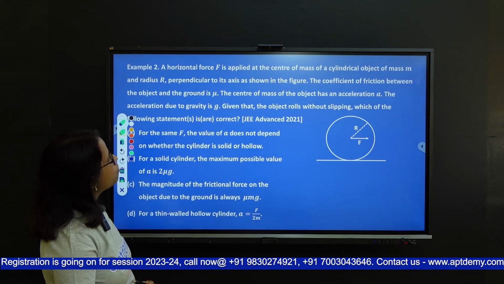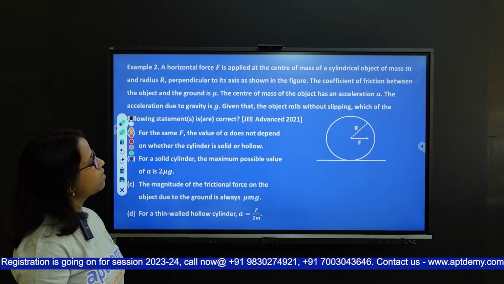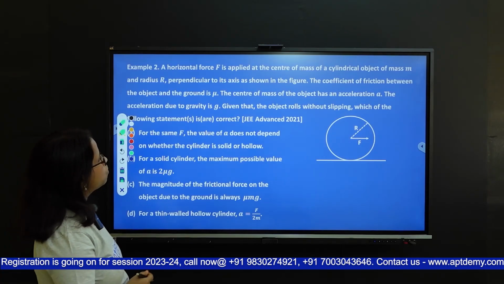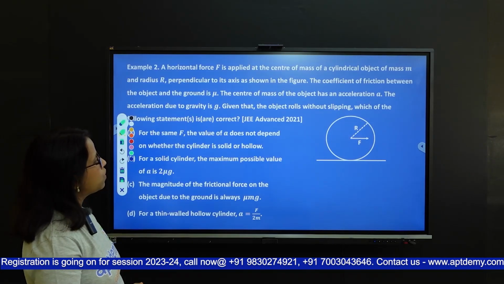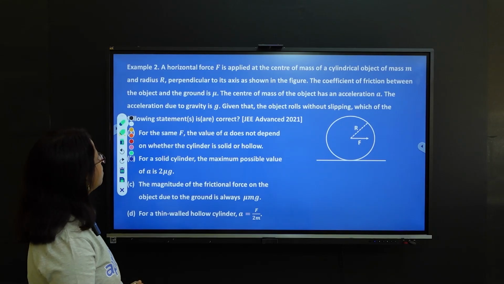The coefficient of friction between the object and the ground is mu. The center of mass of the object has an acceleration a. The acceleration due to gravity is g. Given that the object rolls without slipping, which of the following statements are correct?